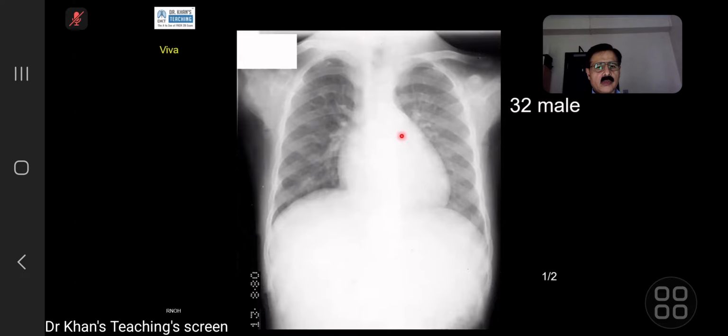Okay, candidate 4, over to you. Let me give you the scenario. This is the type of film which usually comes as an icebreaker in the exam, maybe the first case; we call it a warm-up case. Just look at the bones. Anything abnormal in the bones?